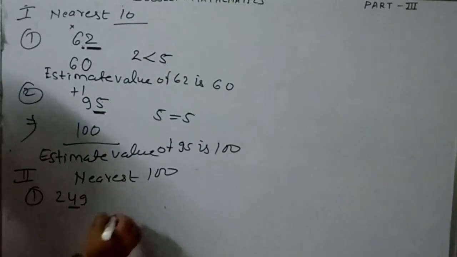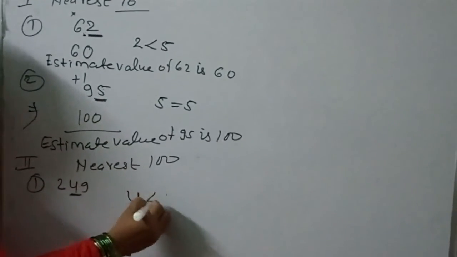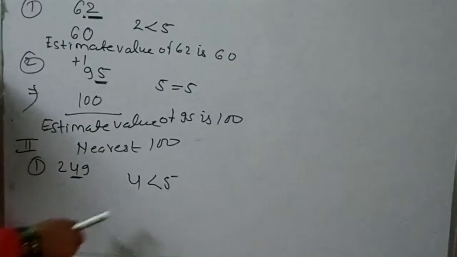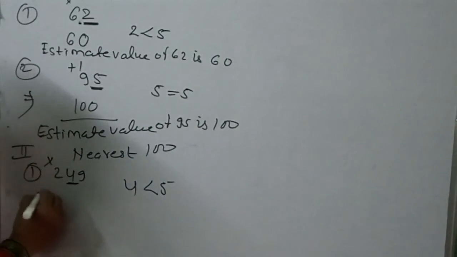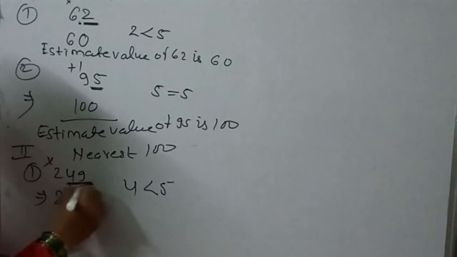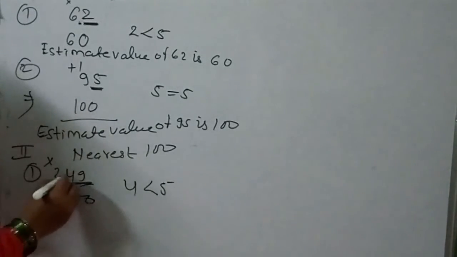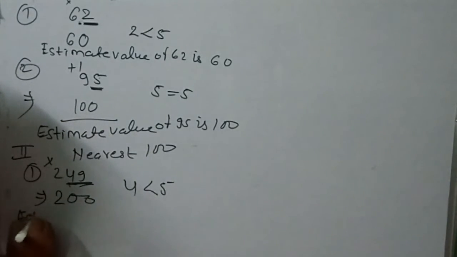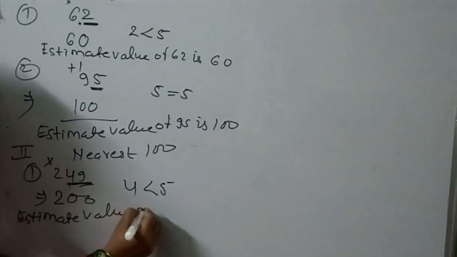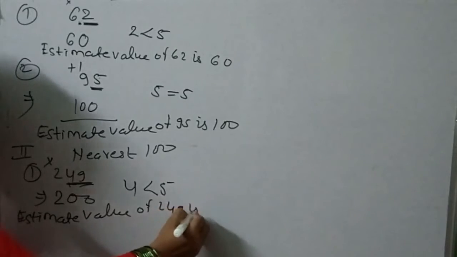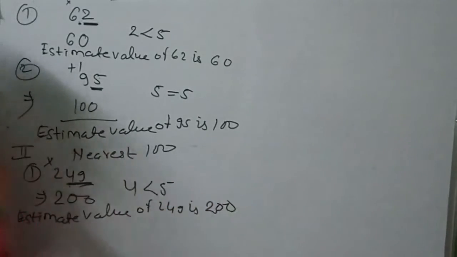Here tens is 4, and 4 is less than 5. So no need to add anything; simply write 2 and the rest will be 00. So the estimate value of 249 is 200.